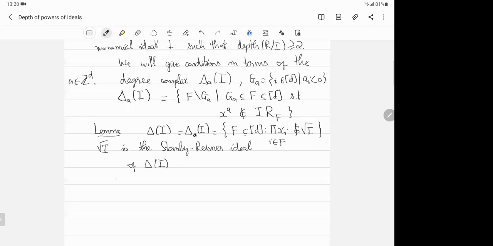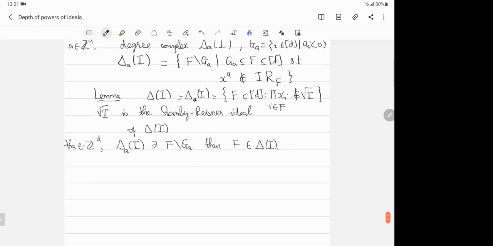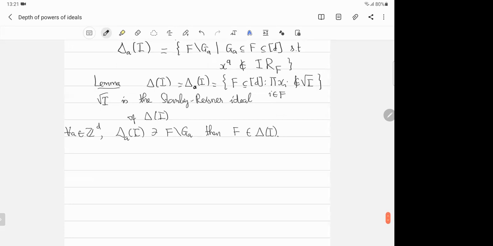And moreover, you can also prove easily that for A in Z to the D, if F minus G_A is a face of delta_A(I), then F actually is a face of delta(I) without A. So now our goal is to describe completely this complex when I is unmixed.